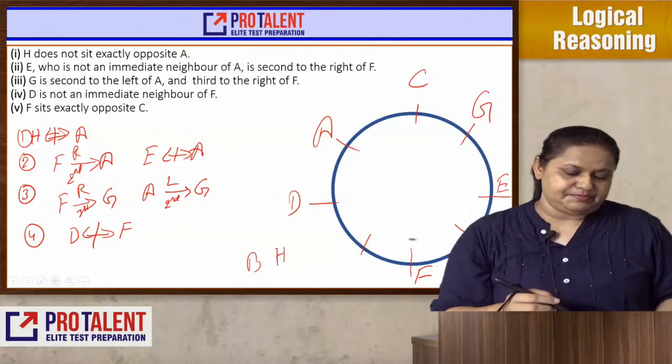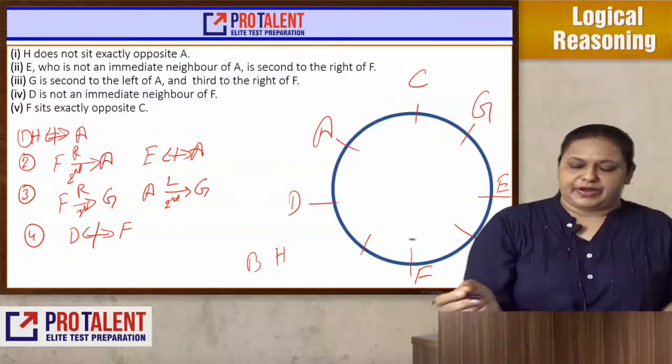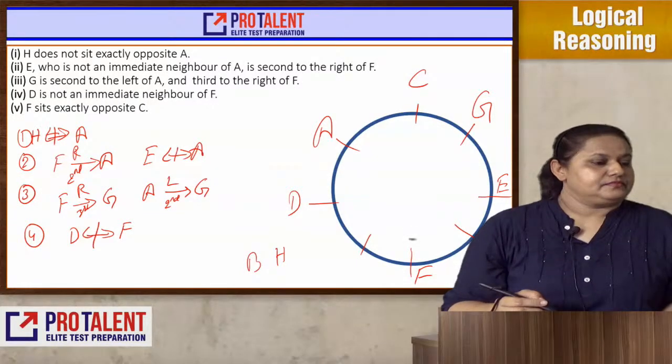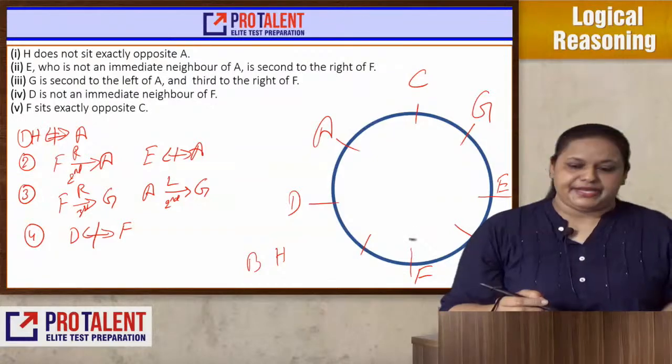B and H. With respect to H, do we have any conditions? Yes, H is not opposite A. So I can put it both ways, right? Fine. What is the final arrangement I am getting?